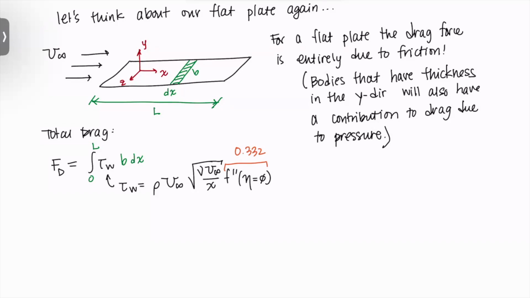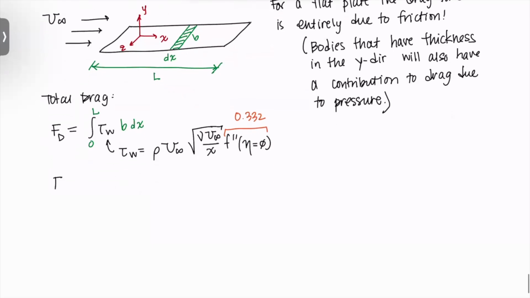Right? Okay, so a lot of this stuff is constant with respect to x, so I'm going to pull it out front of the integral. So I have force of drag is b times rho times U infinity times the square root of nu times U infinity times 0.332.